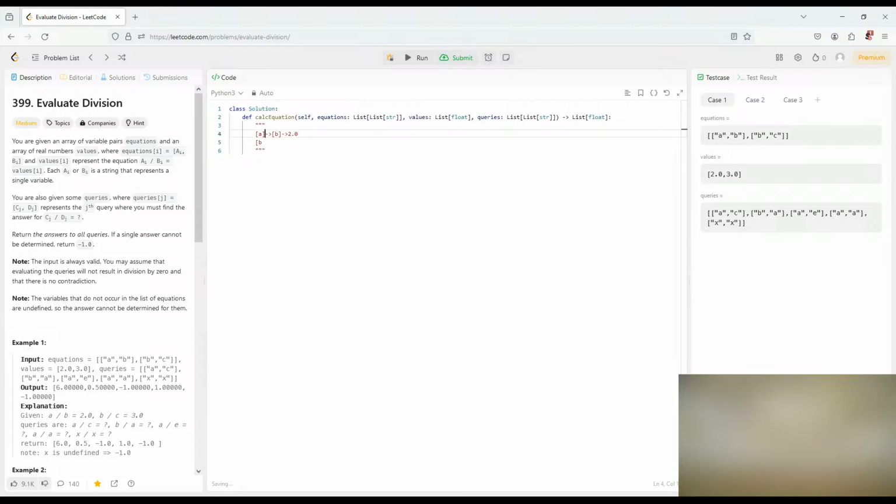Okay, let's do math first, right? I still don't understand how math works here. And B divided by C equals 3. Okay, and we have to find what A divided by C means.